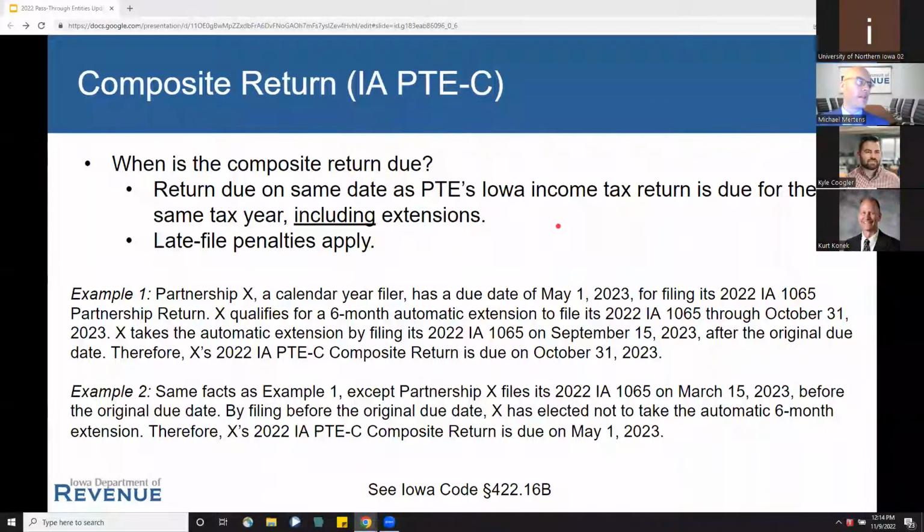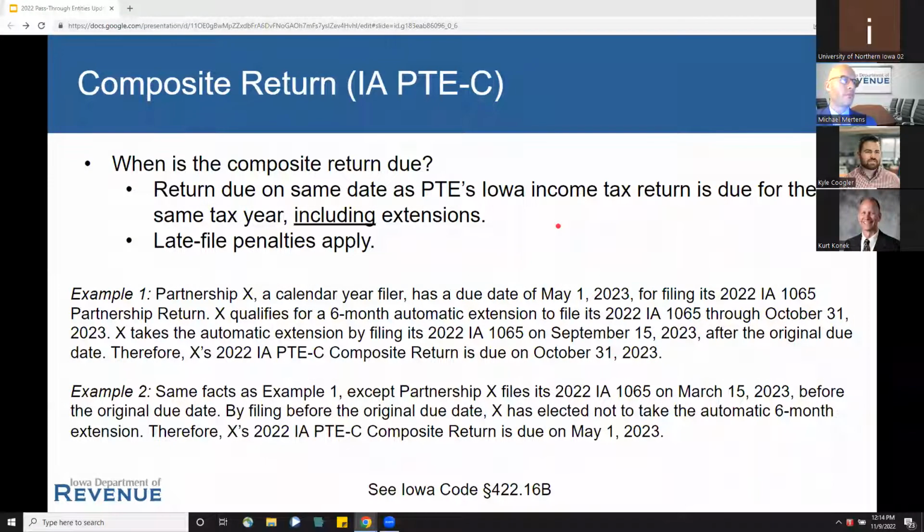The first example: let's take a partnership that is a calendar year filer. Their 2022 partnership return would be due on May 1st, 2023. Because partnerships are pass-through entities and don't owe any Iowa tax, the partnership automatically qualifies for a 6-month extension to file its return in the state of Iowa. No extension request is required under Iowa law.